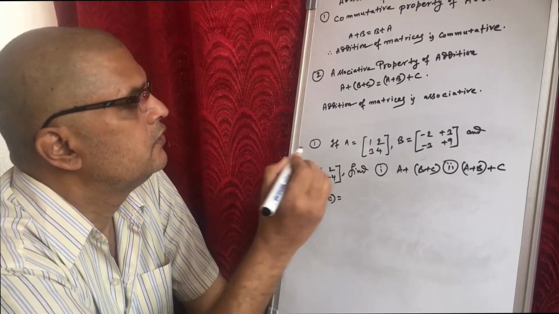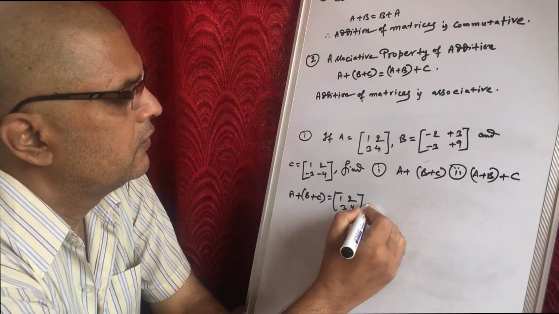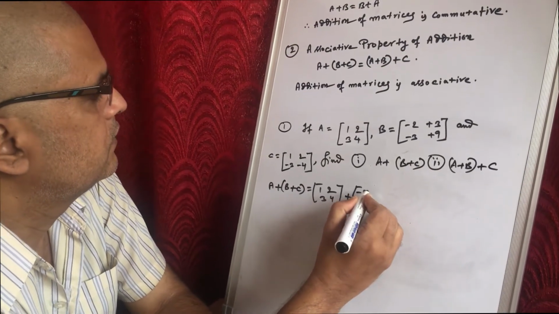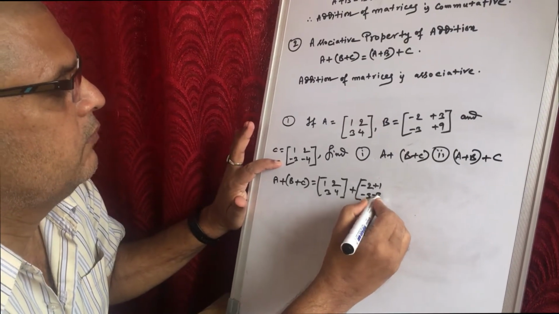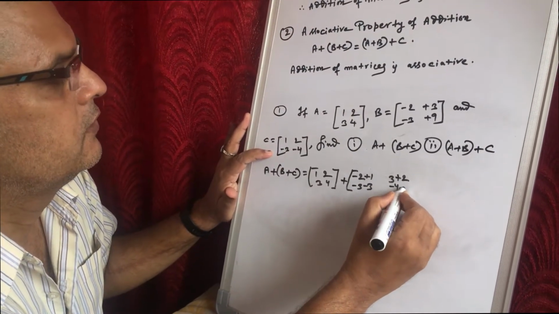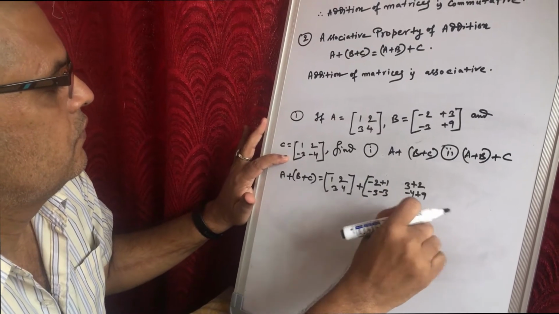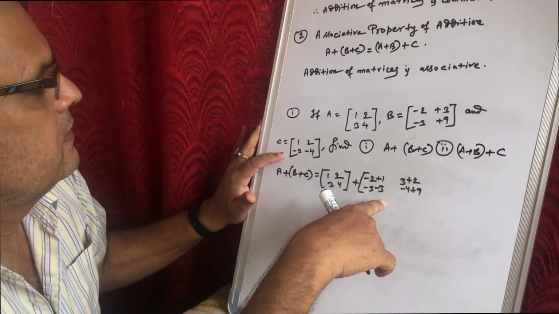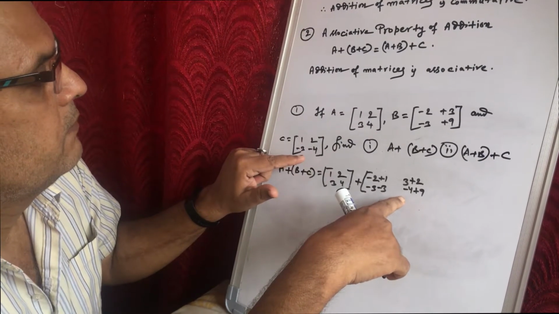So it will be 1, 2, 3, 4 plus, let us add B plus C, that is minus 2, 1, minus 3, minus 3 plus 3, 2, minus 4, 9, which gives minus 2 plus 1, minus 3 minus 3, 3 plus 2, 2 plus 9, plus 4.